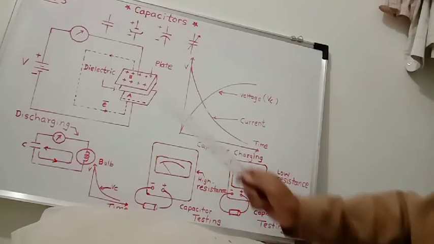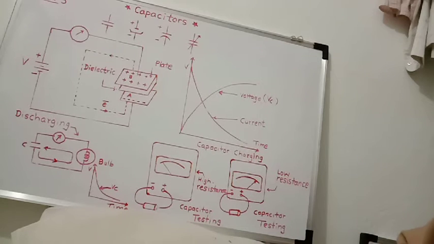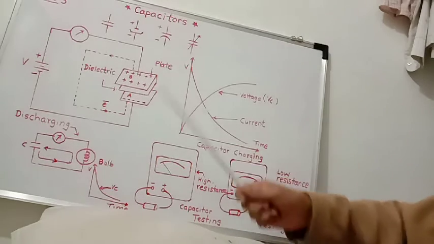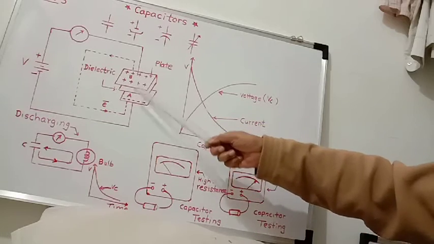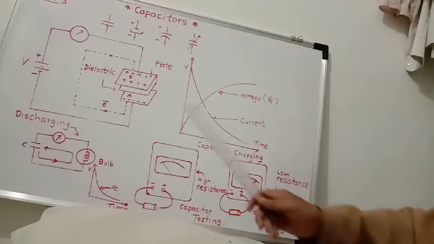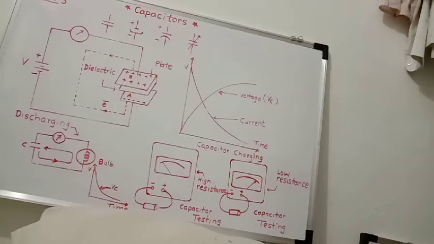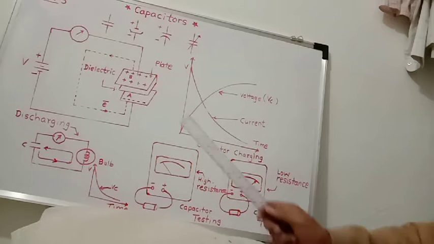Thus a potential difference is developed across the capacitor, and then we say that the capacitor is fully charged. The electrons are accumulated on plate A, and thus there is a potential difference across the capacitor, and the capacitor voltage then increases exponentially.